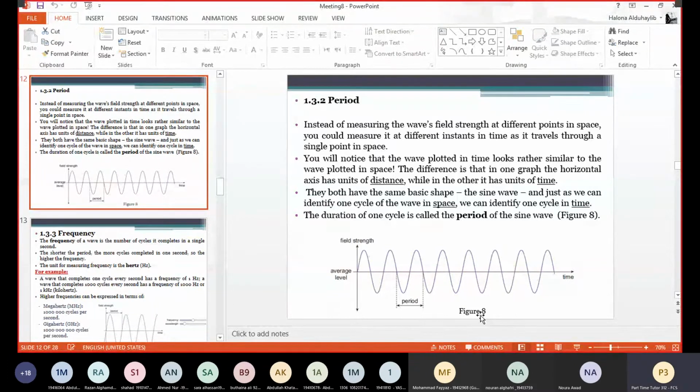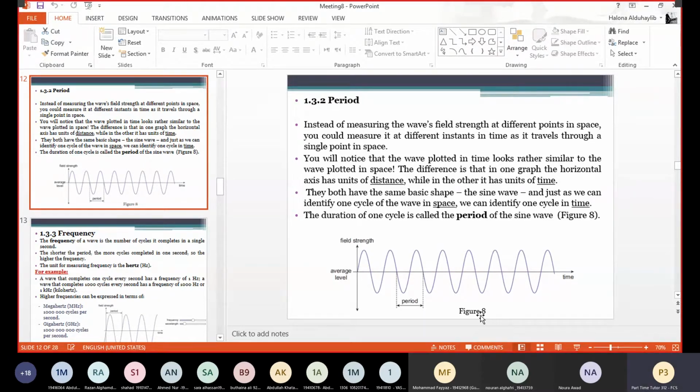You will notice that the wave plotted in time looks rather similar to the wave plotted in space. The difference is that in one graph, the horizontal axis has units of distance. Here we have time, as the wave is moving on, and also the strength of the wave.